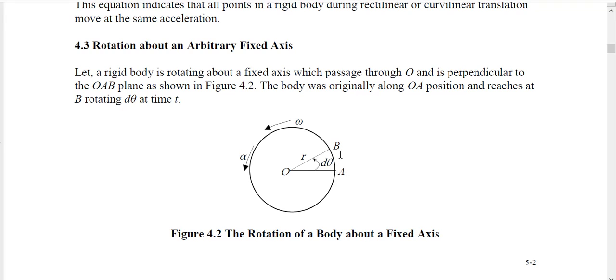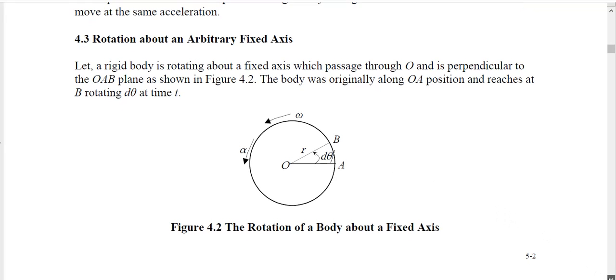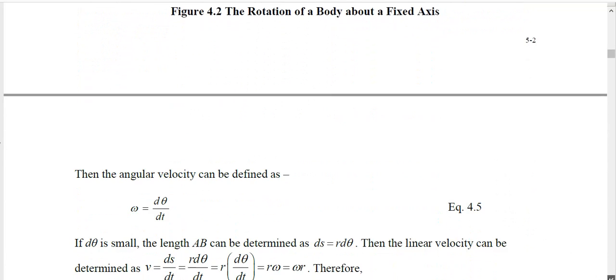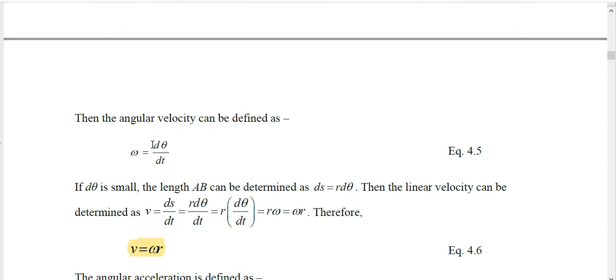That means A to B is the linear movement, but the angular movement, delta theta, is the angular displacement. So if I see the equation, angular velocity is the same thing as linear: displacement by time, but this time it is angular.